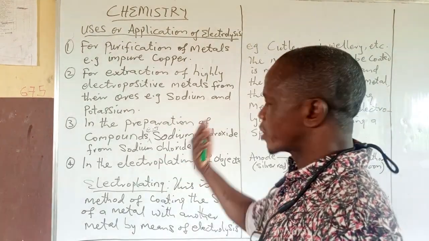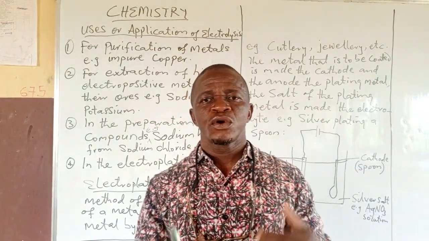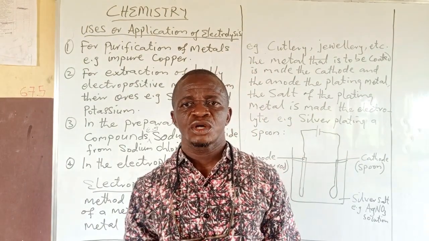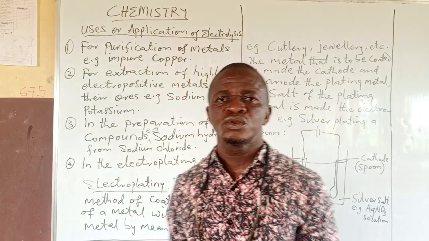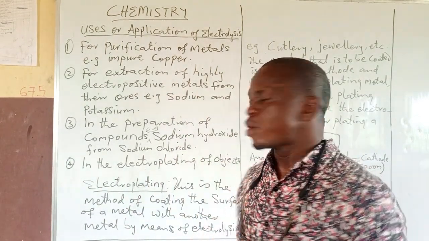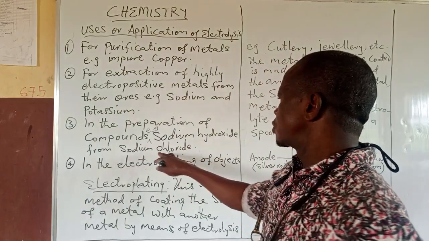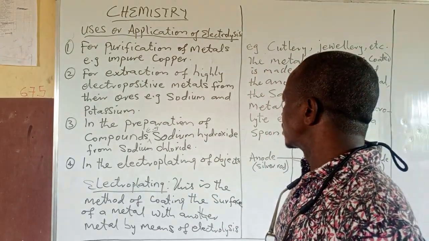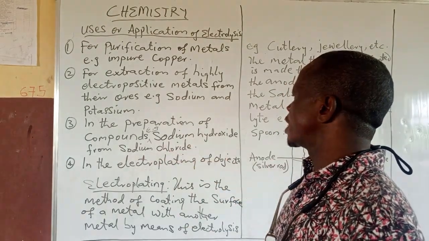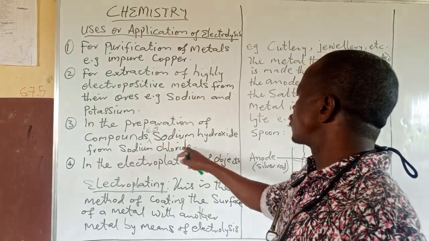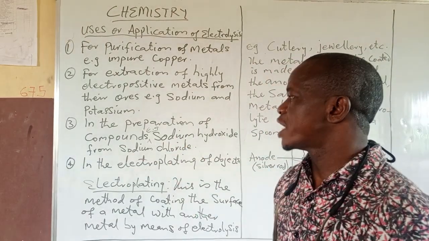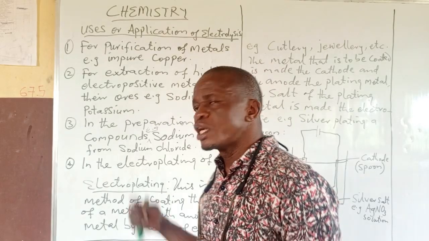You recall in one of those topics or classes that we did on this electrolysis, we used sodium chloride salt to produce sodium hydroxide. So, e.g., production of what? Sodium hydroxide from what? Sodium chloride. We did that. Go and watch it if you did not watch that.